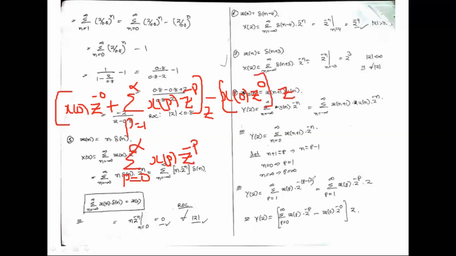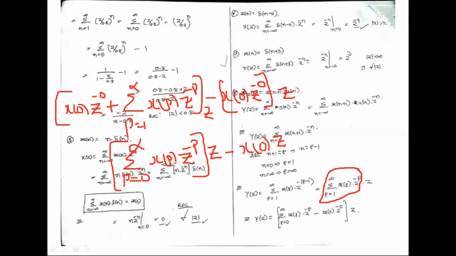Already we have z power minus p and z power minus of minus 1, so a z is there, my students. I take only this function, rewriting p from 1 to infinity as 0 to infinity by adding and subtracting x of 0 z power minus 0. The total function is multiplied with the z, minus x of 0. Anything power 0 is 1. So x of 0 into z.